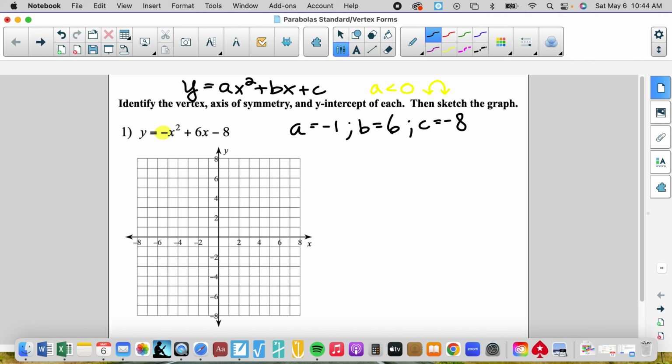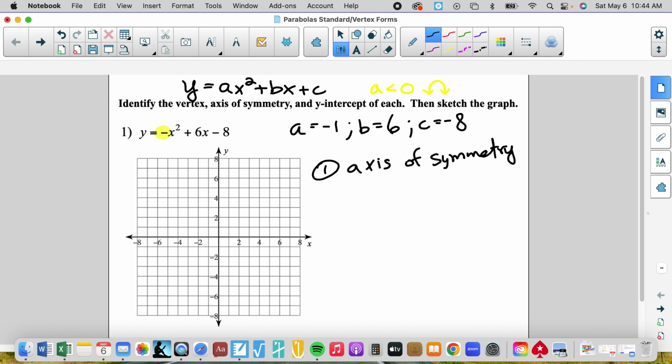But in this case, we're always going to start off recognizing what's the overall shape of the parabola. Second is let's label our A, B, and C. And now let's start going through. When it's in standard form, the first thing we're going to find is the axis of symmetry.